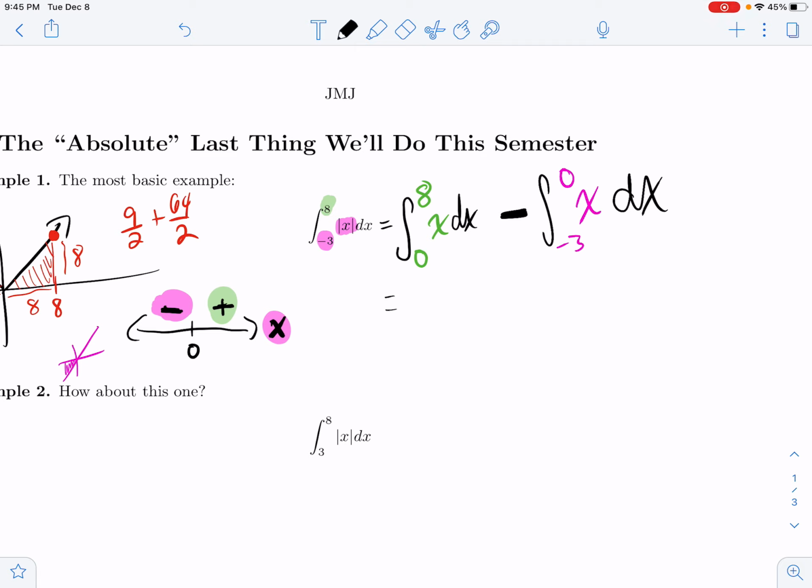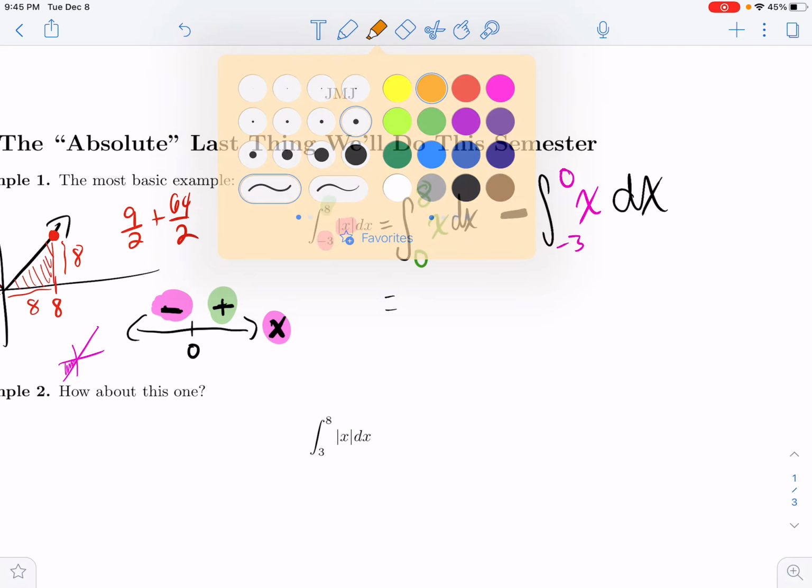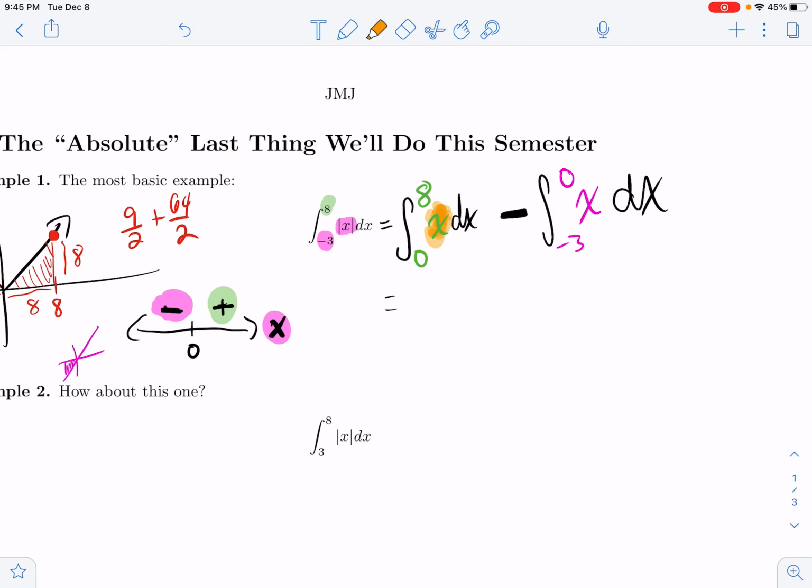The cool thing about this is I have two of these integrals, but the function inside will always be the same. I always have to integrate once. So this is x squared over 2 from 0 to 8 minus x squared over 2 from -3 to 0.